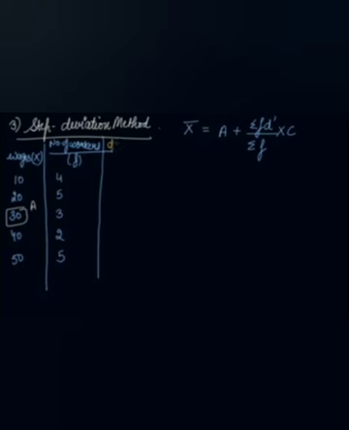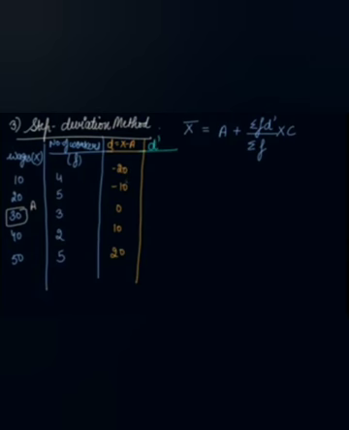So we'll find the deviation, that is x minus a. We will have minus 20, minus 10, 0, 10 and 20. This is the first deviation we have taken. Now we will take the second deviation, that is d dash.